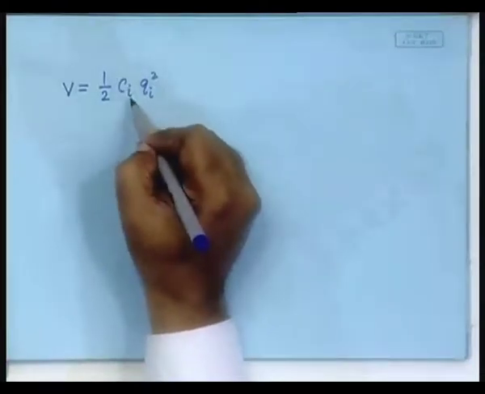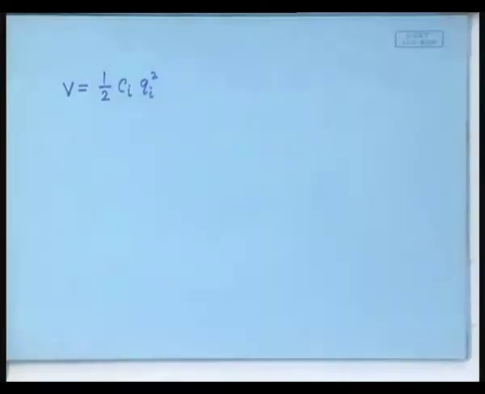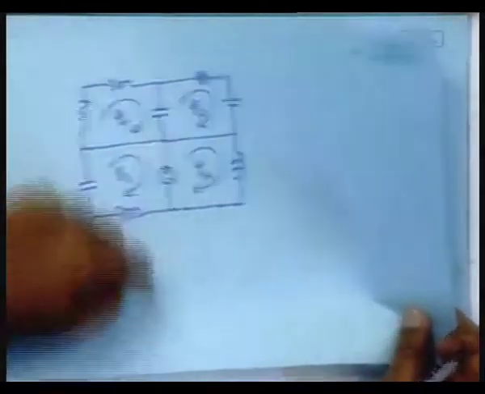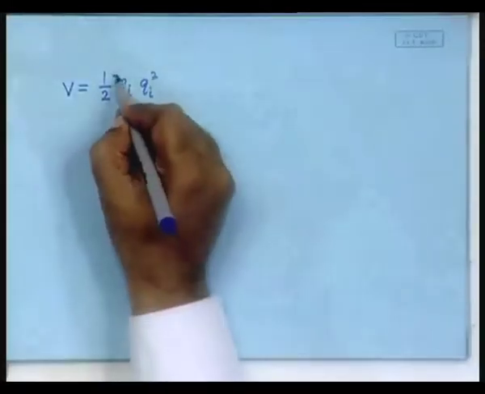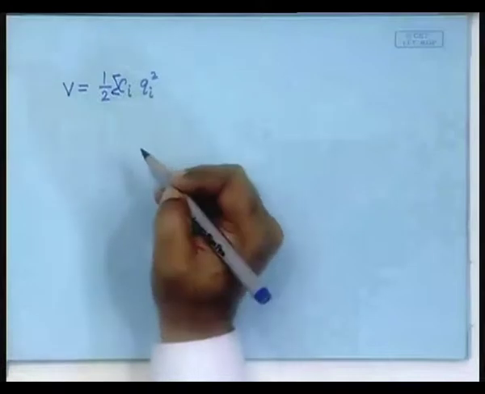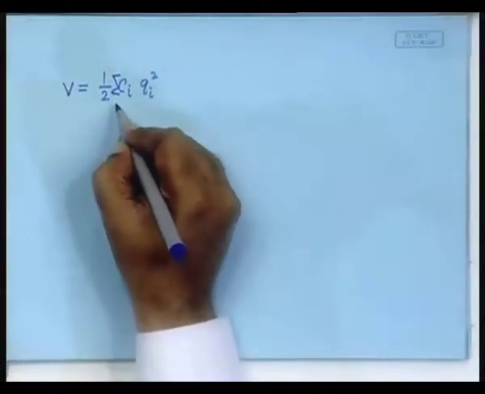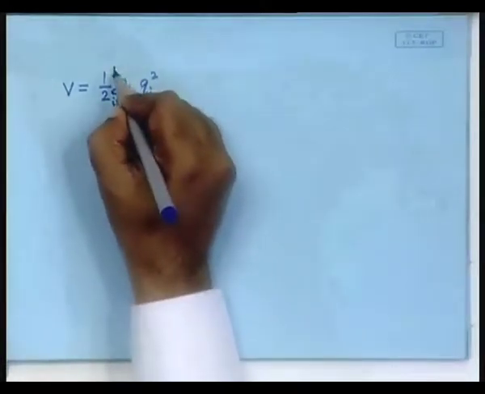So, i's are the independent variables, and it will have to be summed over i equal to 1 to n.